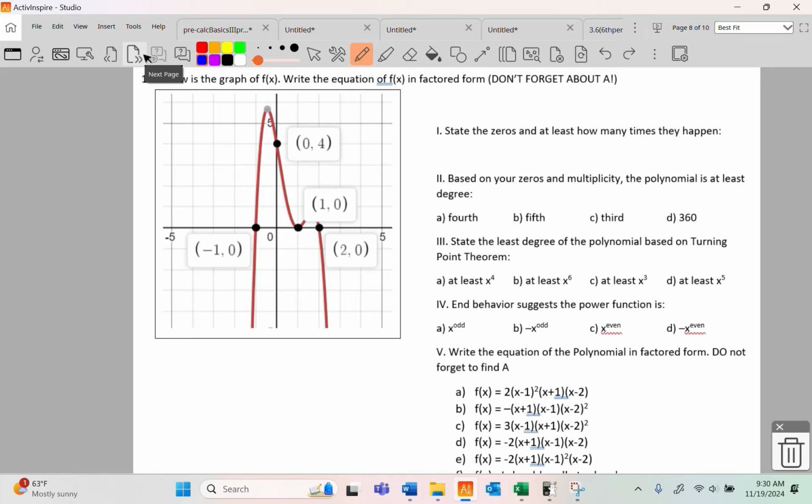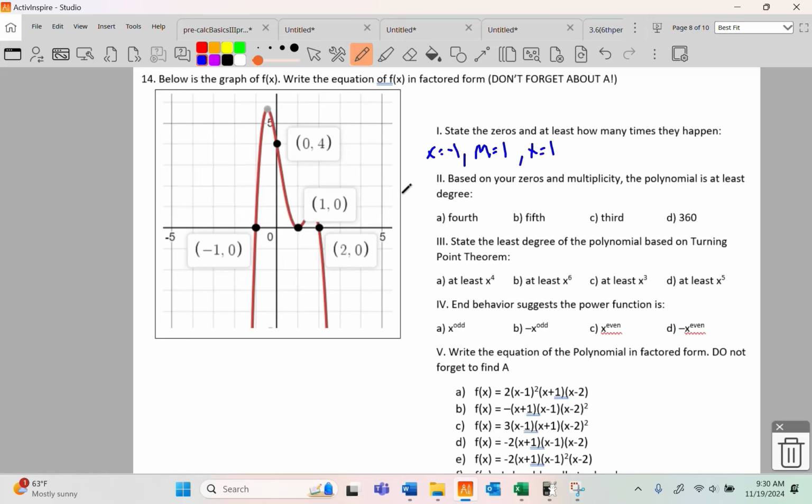14, this one's laid out better than the actual twin that I gave you because it's more along the lines of what's on your test. You got a graph, you're going to state the zeros, how many times they happen. You have a 0 at -1. It's a crossing, so its multiplicity is at least 1, it's odd. You have a 0 at 1.